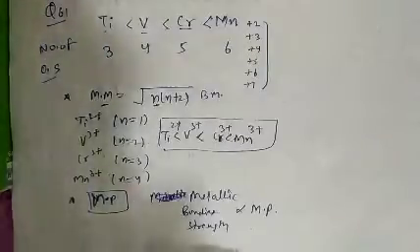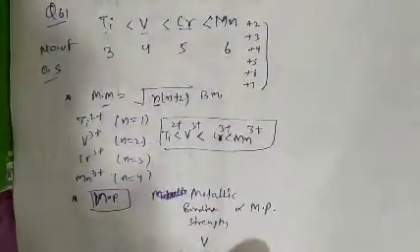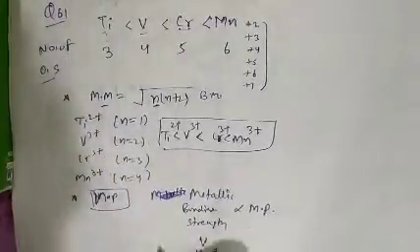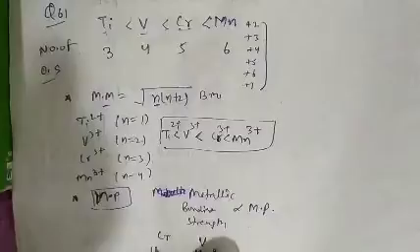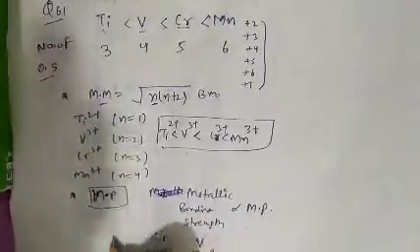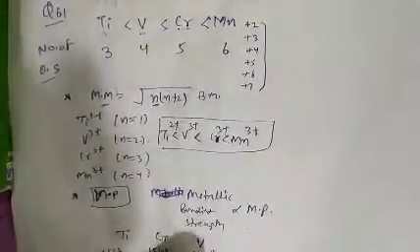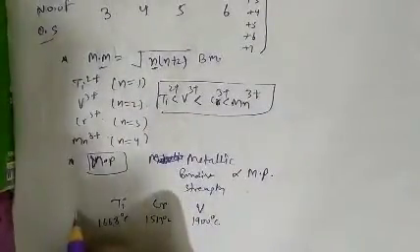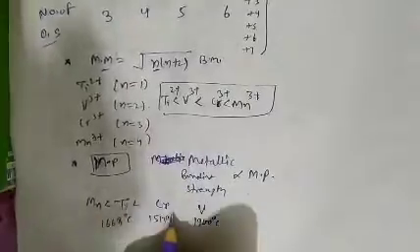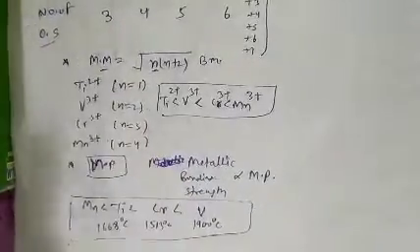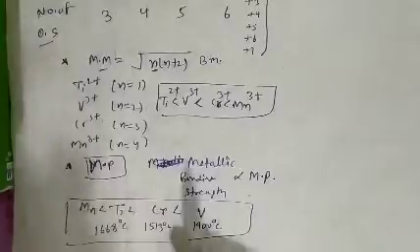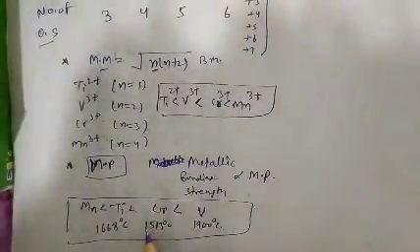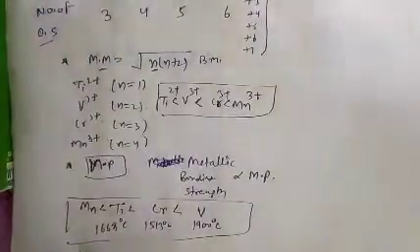See, melting point is highest for vanadium, that is 1900 degrees Celsius, and then for chromium, that is 1513 degrees Celsius, and then for titanium, that is 1668 degrees Celsius, and then for Mn. So this is the correct order of melting point: first vanadium, then chromium, and then titanium, and then manganese.